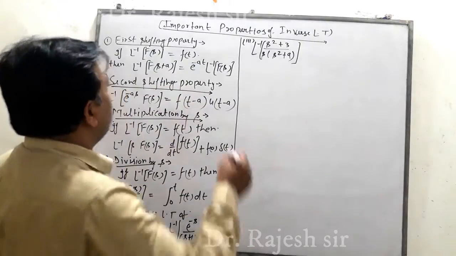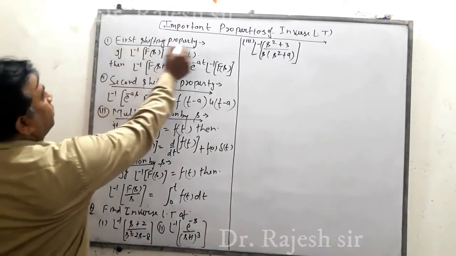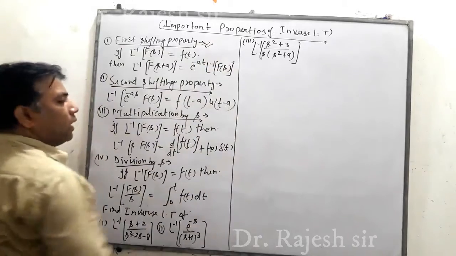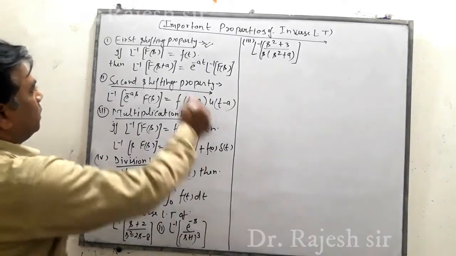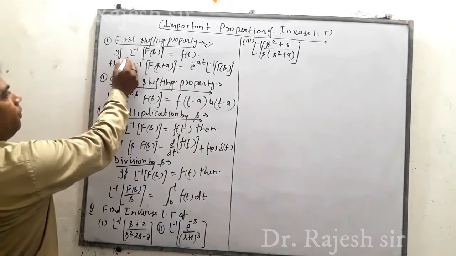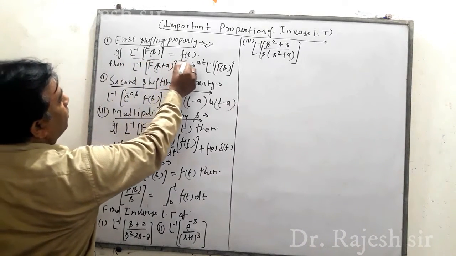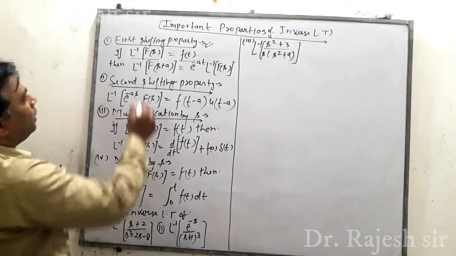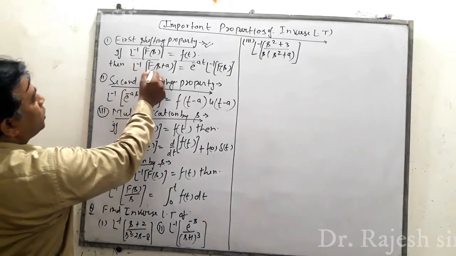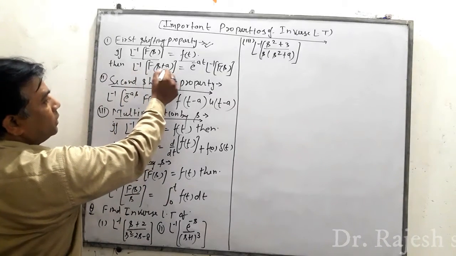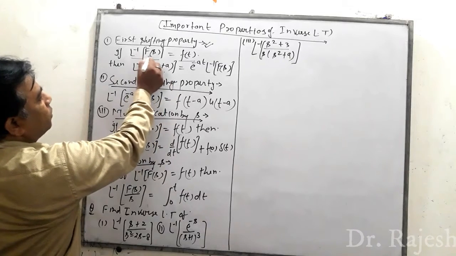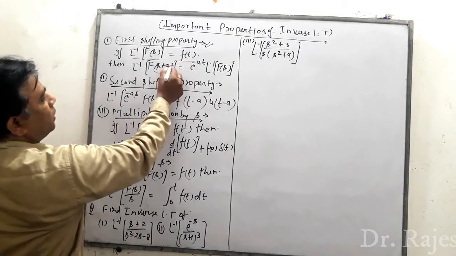You can see on the board the first shifting property of the inverse Laplace transform. If the Laplace inverse of F(s) is f(t), then the Laplace inverse of F(s + a) is e to the power minus at times f(t).